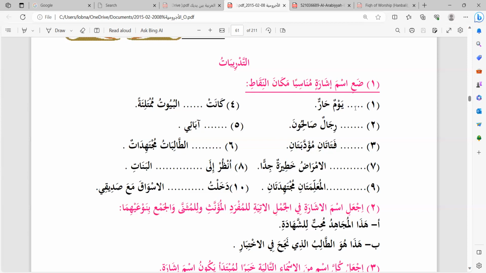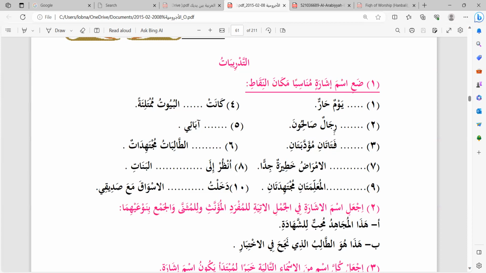What form would you put here if I want to say this is a hot day, or this day is hot? هذا. هذا يوم حار. This is a hot day. This day is hot. Let's go to the second one.